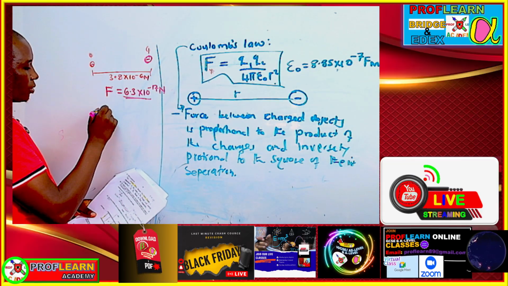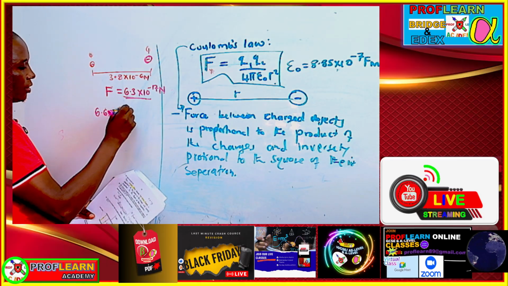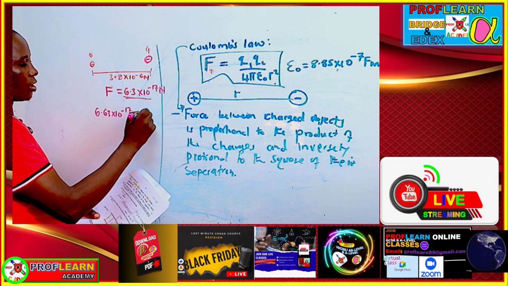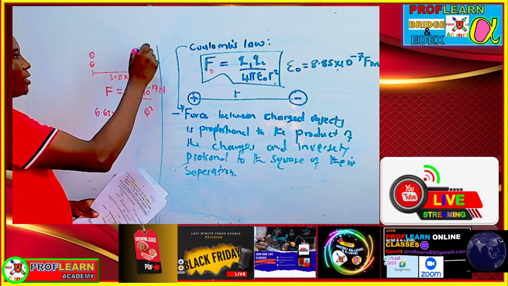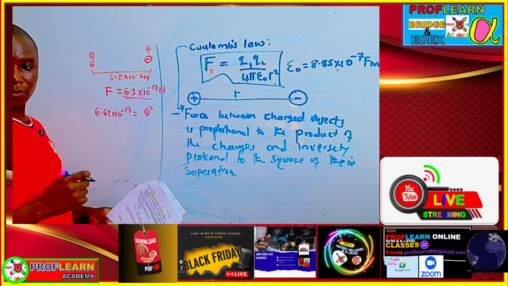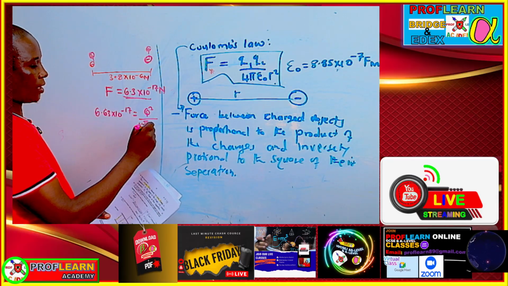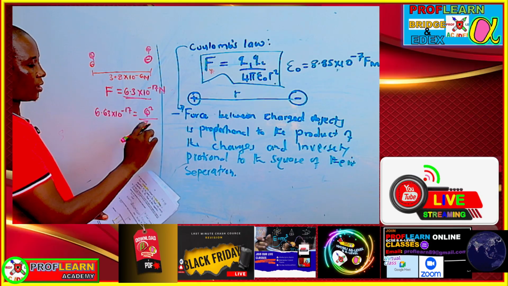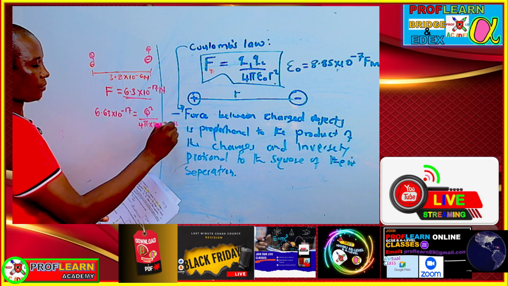So we're going to say the force is 6.63 times 10 negative 17 is equal to Q squared, because Q times Q will give us Q squared, since the magnitude was the same. Then 4 pi epsilon naught, and this epsilon is 8.85 times 10 raised to the power negative 12.